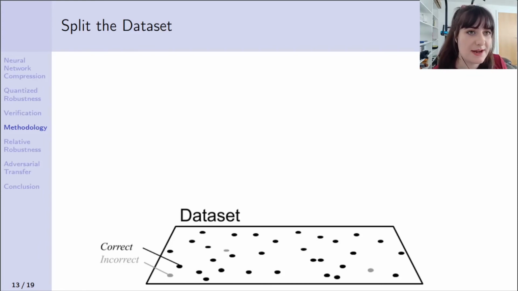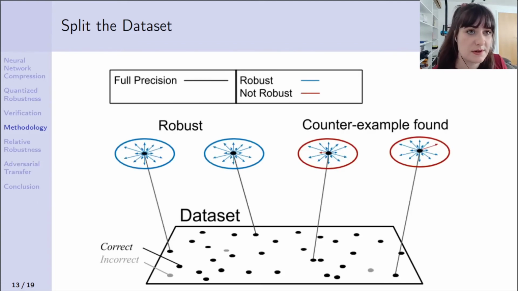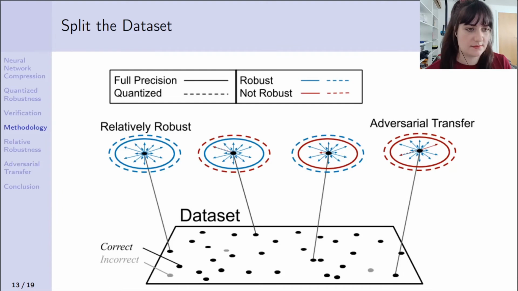The inputs which were incorrectly classified are discarded. For those which were correctly classified, we split further into 2 subsections: those for which our neural network was certified as robust, and those for which a counterexample was found. Next, we evaluate the same inputs with our quantized neural network and are able to obtain a number of inputs for which our network is relatively robust and a number for which we have our adversarial transfer.